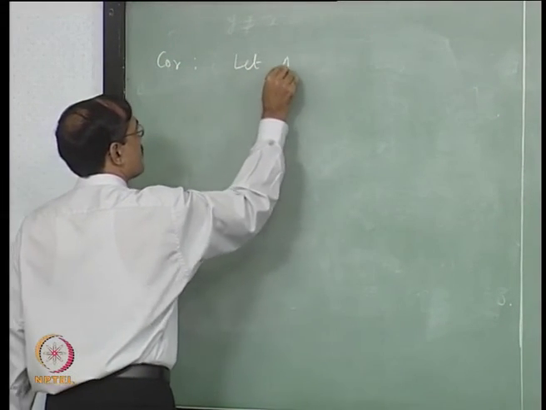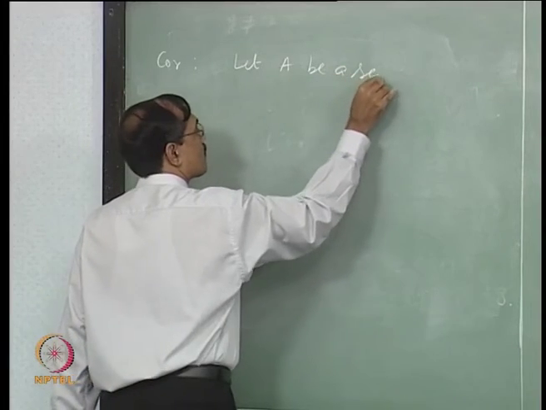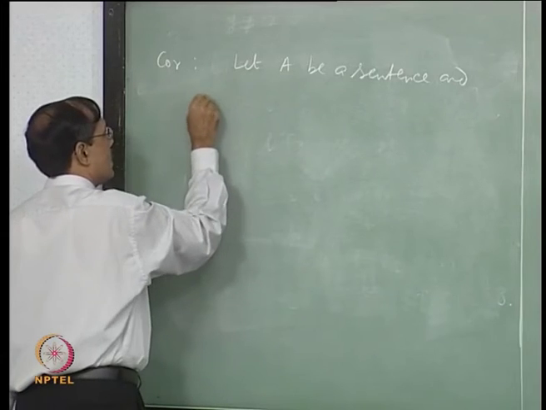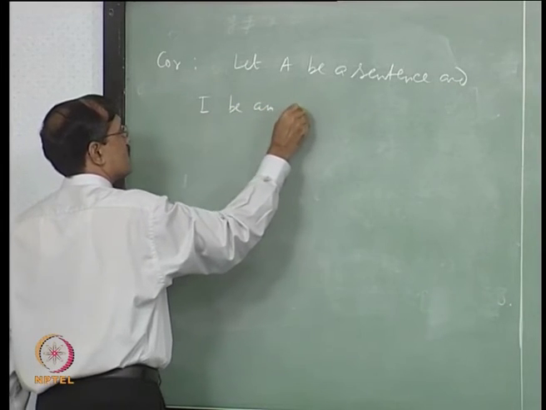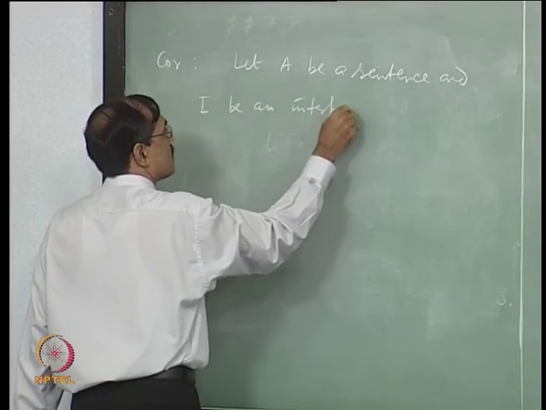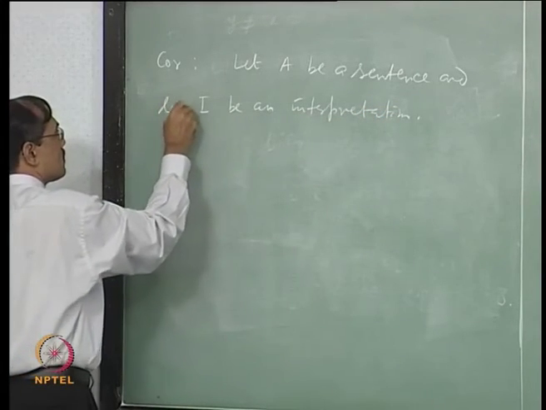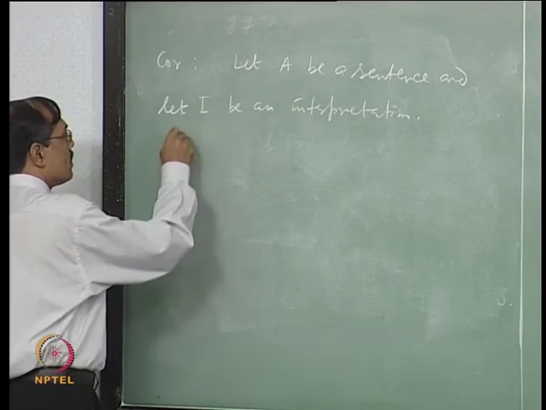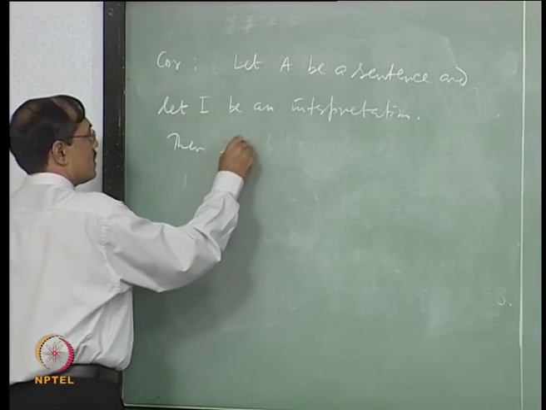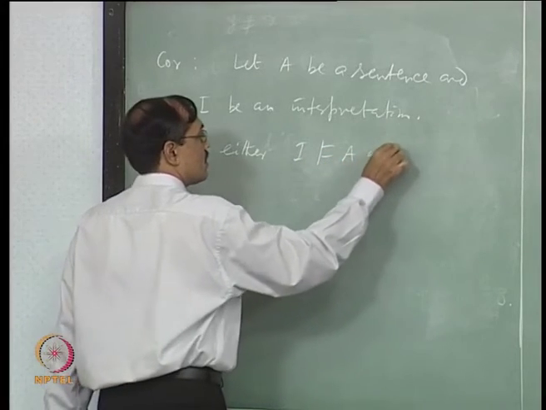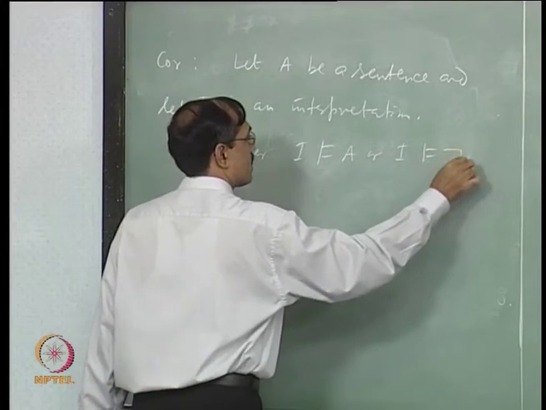Let A be a sentence and I be an interpretation. Then either I satisfies A or I satisfies not A.